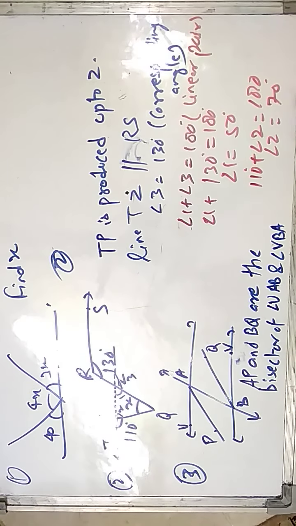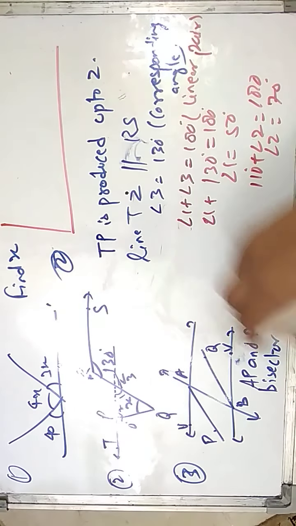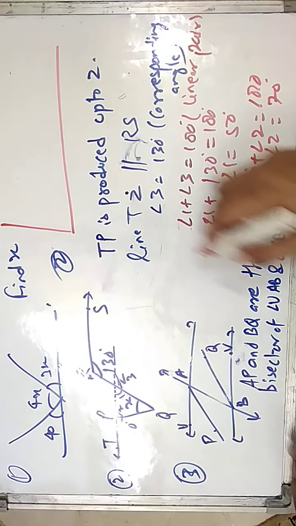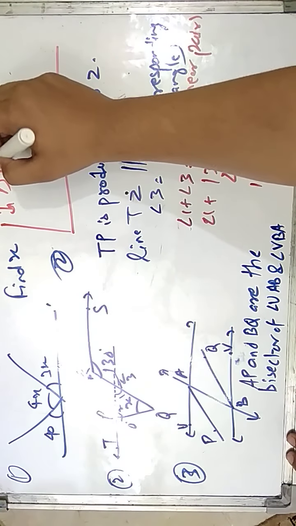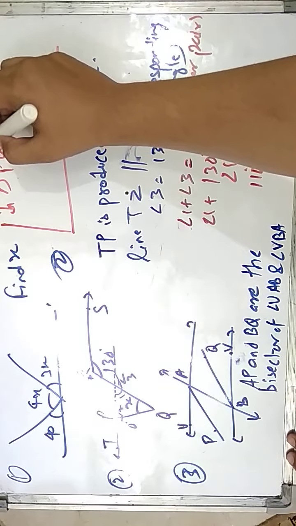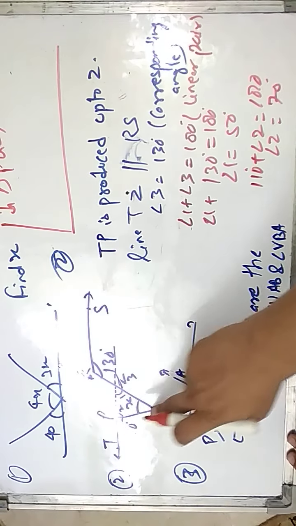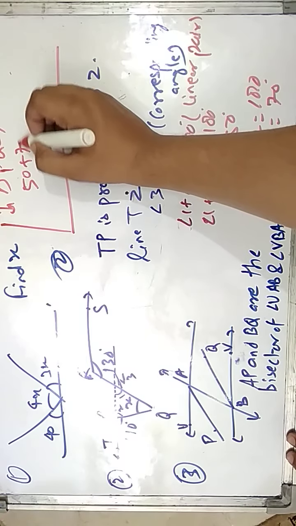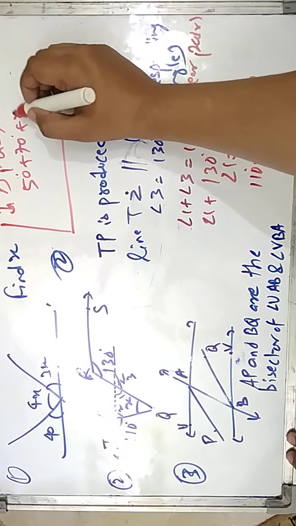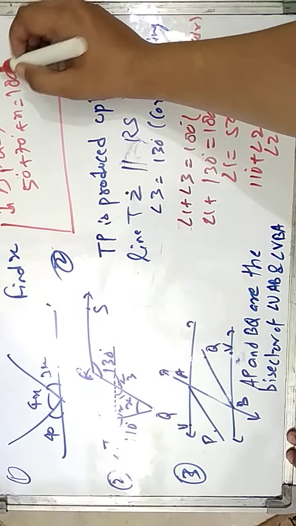Alright, and angle 2 is 70 degrees. After this class, now see here, in triangle PQZ, 50 plus 70 plus x is equal to 180 degrees.